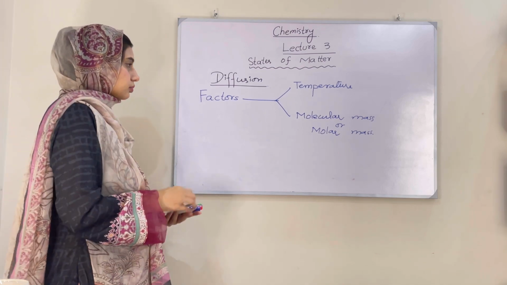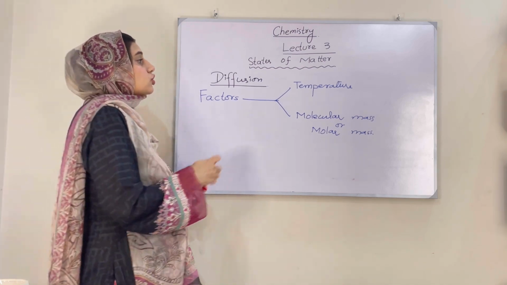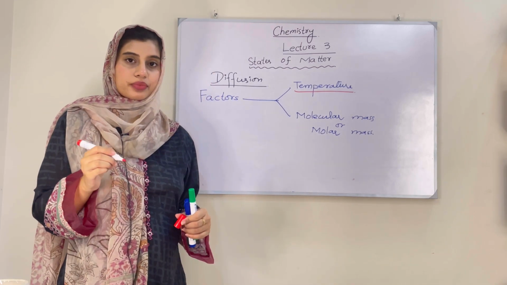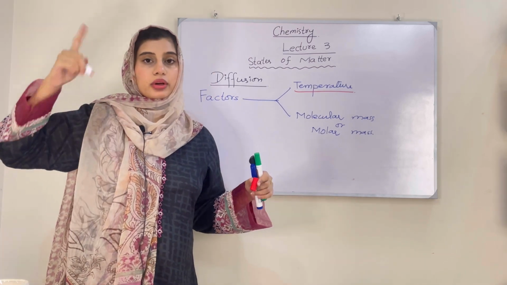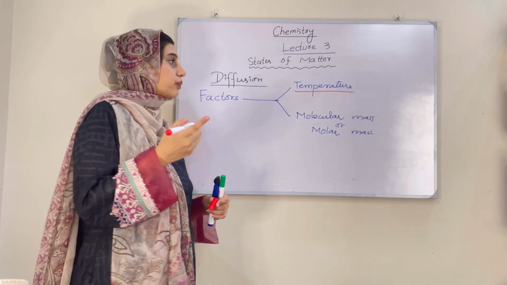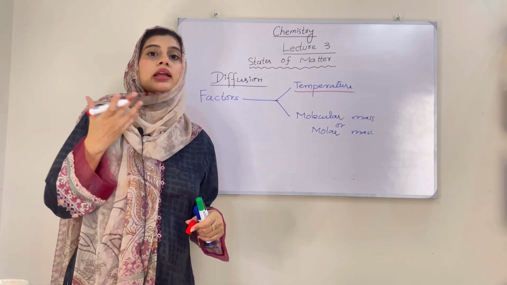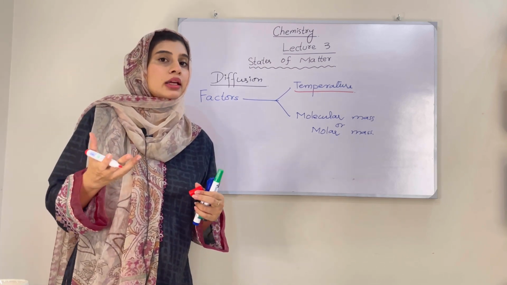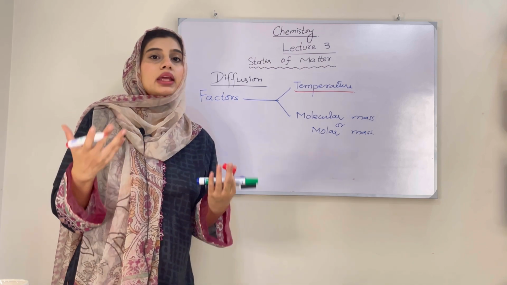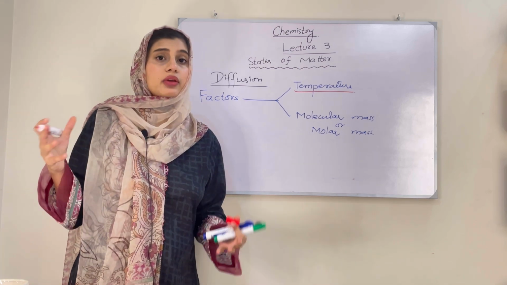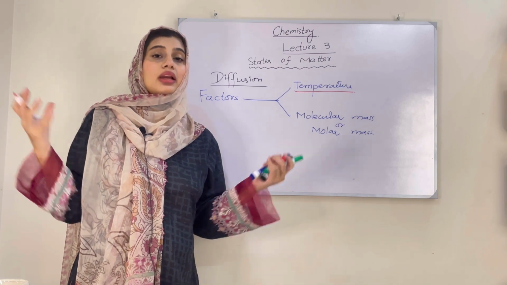So first of all, how temperature is affecting diffusion. If you revive the concept I gave you of solids, liquids and gases, I told you that when we are increasing temperature, we are increasing energy. So when the energy is increasing, the molecules will continuously spread, and continuously they will collide with each other.